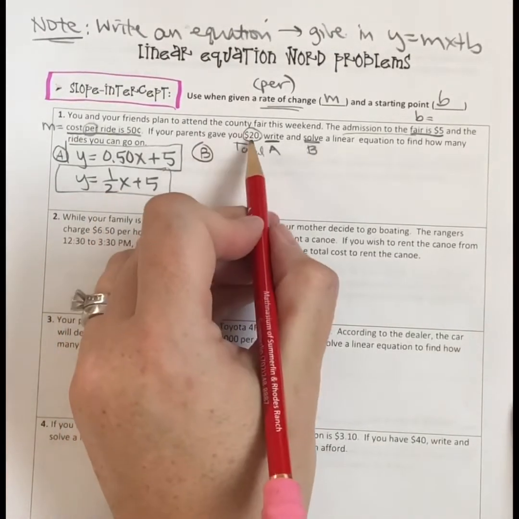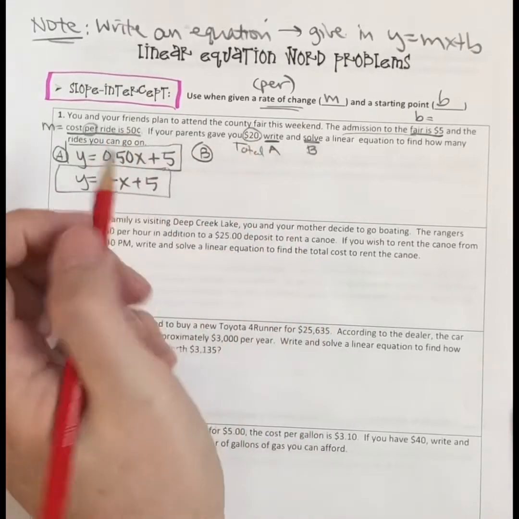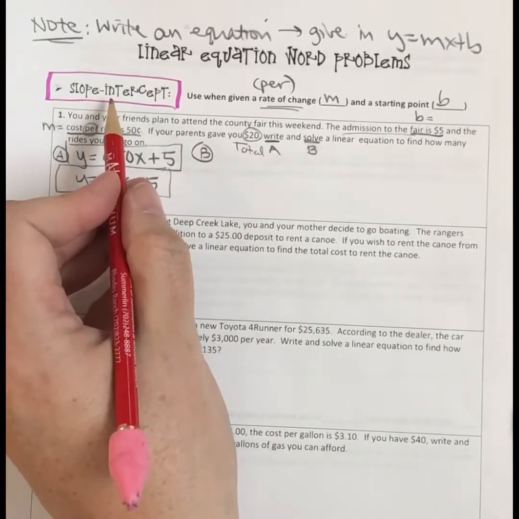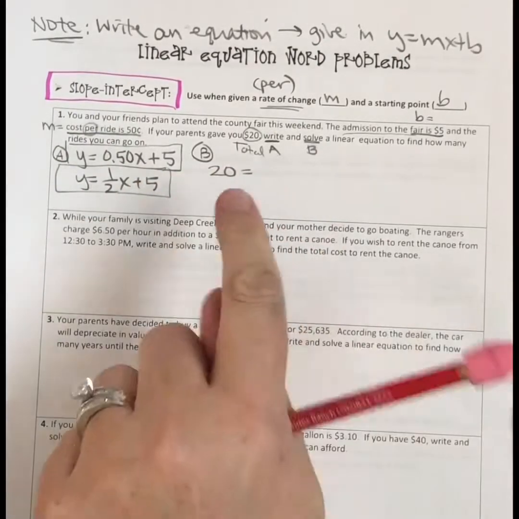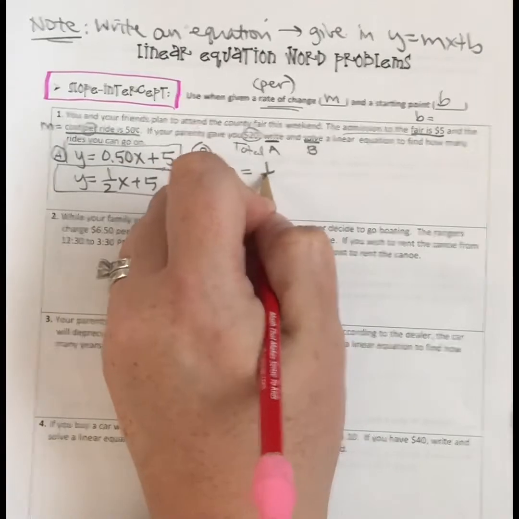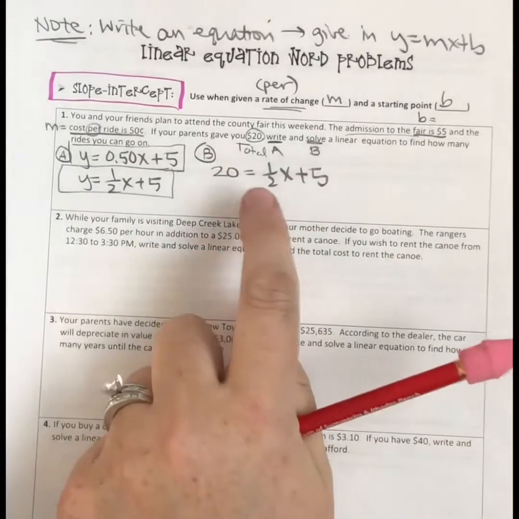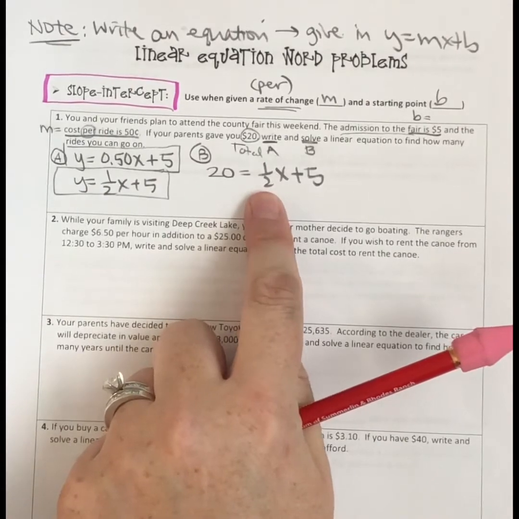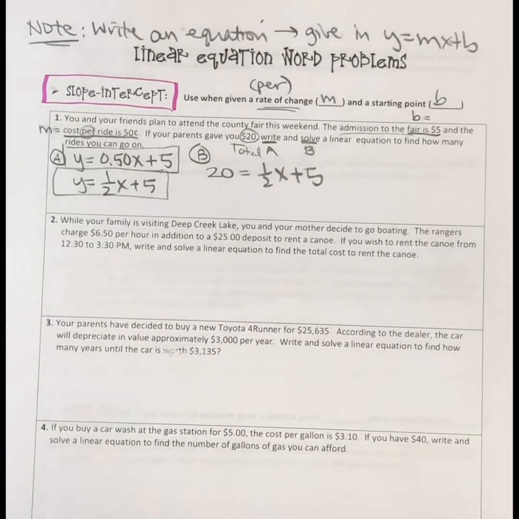Now part B, if they have a total, that's your y for the slope-intercept form. So you would put 20, your $20 total, has to equal your 50 cents per ride. I'm going to use the 1/2 x plus 5, because it's always faster to do the reciprocal once we solve for x than to get a calculator out and divide by 2.